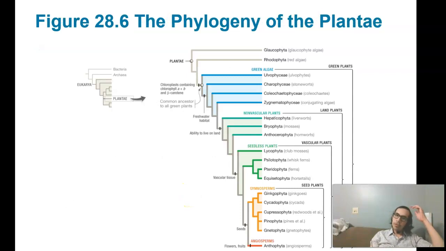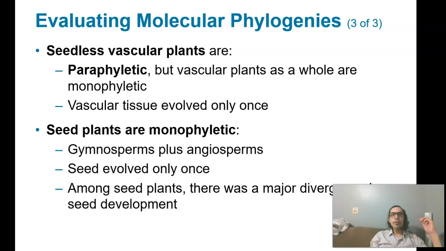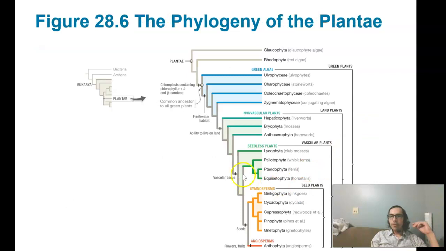So here's a phylogenetic tree. If we look at some of the examples that we went over, it says that seedless plants are paraphyletic, but vascular plants as a whole are monophyletic. So here are the seedless plants.